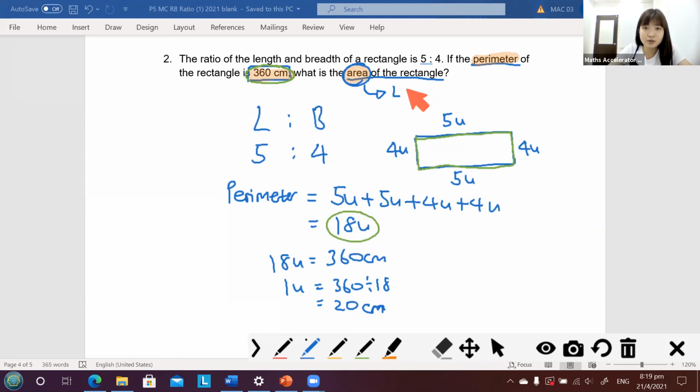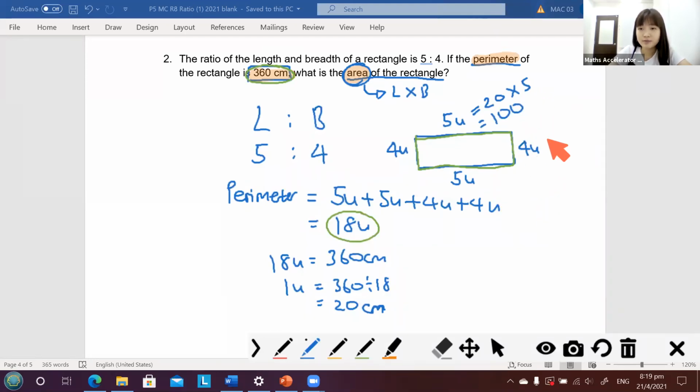So you put length times breadth, right? Rectangle. So you need to find out the length, 5 units. You got 1 unit already. 20 times 5, which will be 100.